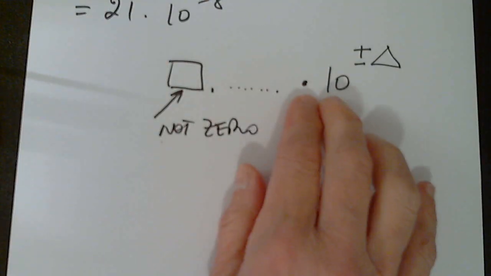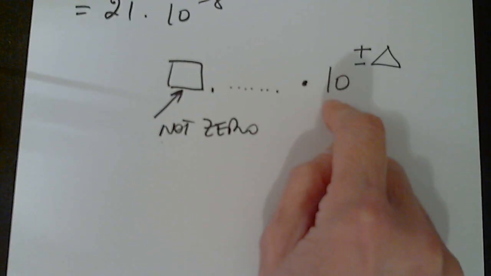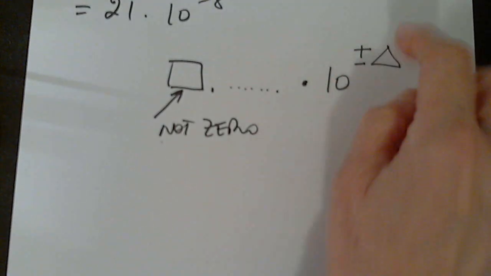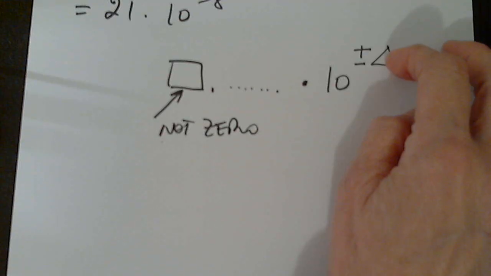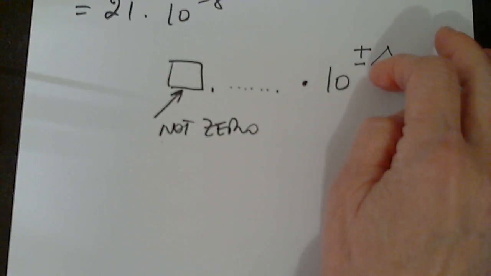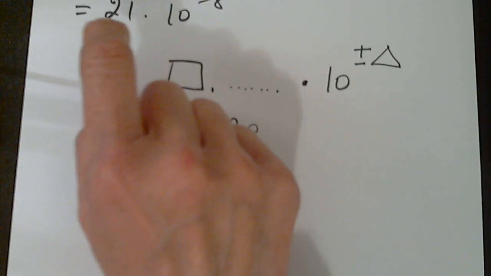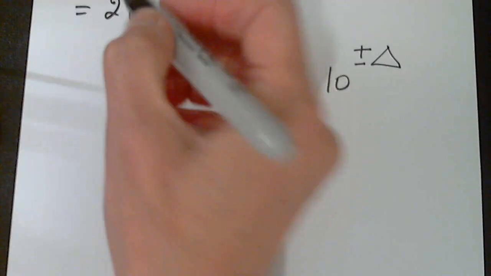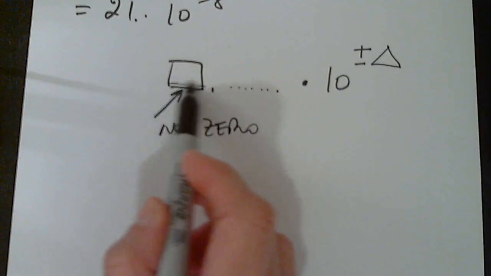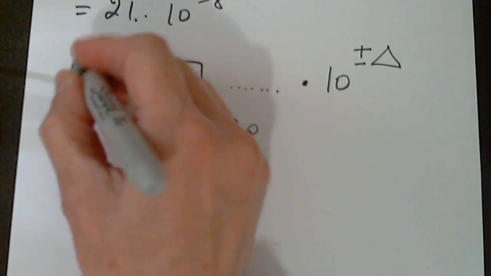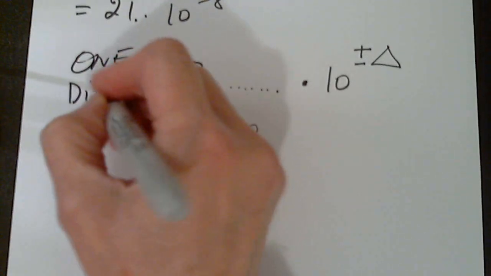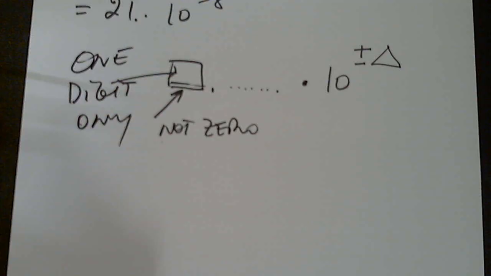This number cannot be 0. Anything else you want from the number multiplied by a power of 10, so 10 to a power, and this power can be positive or negative. So this is okay, but this is not scientific notation because the decimal point is here, and I cannot have 2 digits. This is 1 digit only.